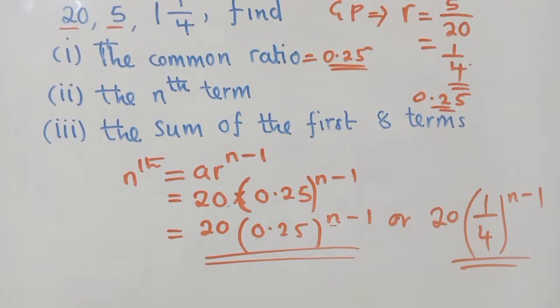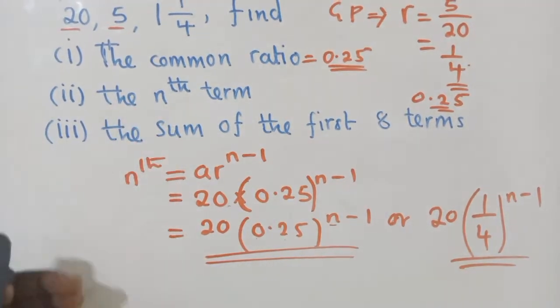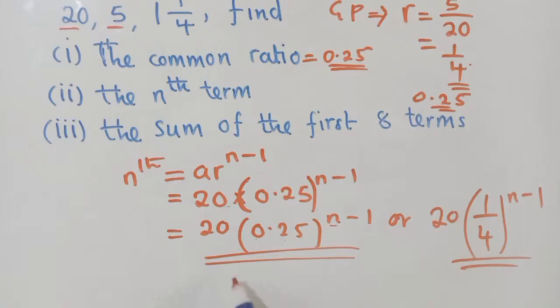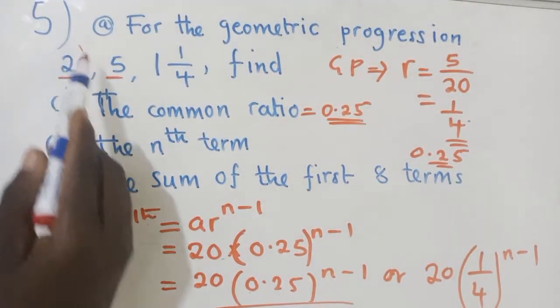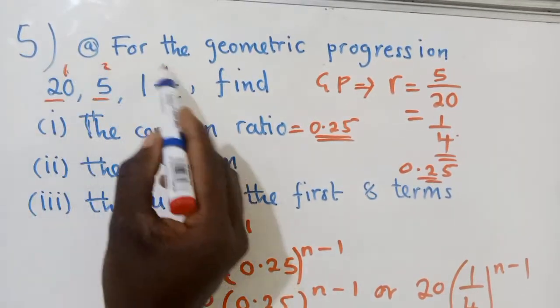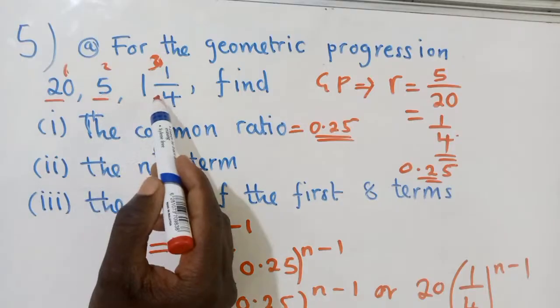When they say the nth term, they are asking you to find the formula such that if you just plug in the value, for example, here, if you can see the terms, this 20 is the first term, this is the second term, and this is the third term.